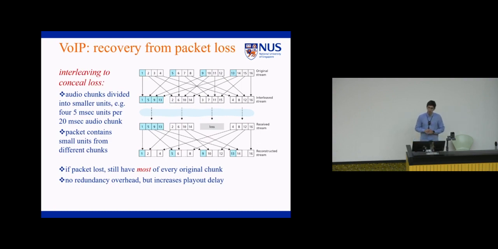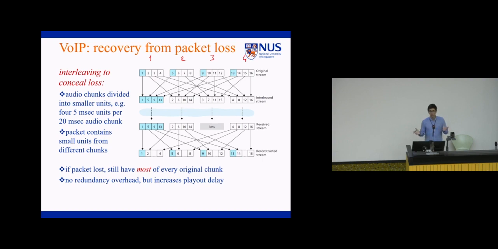So other than these error correction coding schemes, we also have an interleaving method here. Interleaving is just a mixing up of the order of the chunks. So audio chunks here are divided into smaller units. This is my chunk 1, chunk 2, chunk 3 and 4, and I'm dividing them into even smaller units.